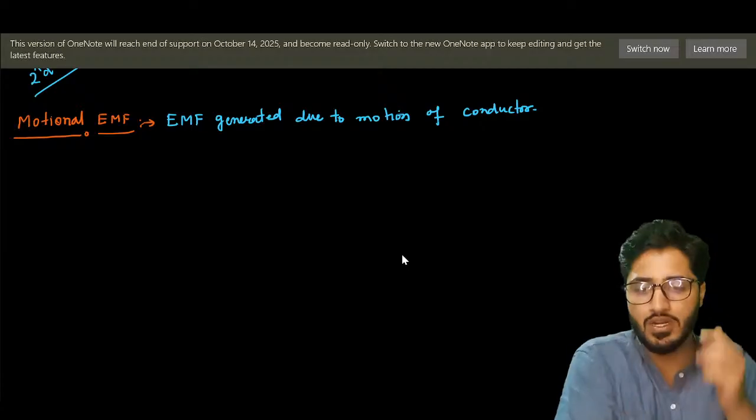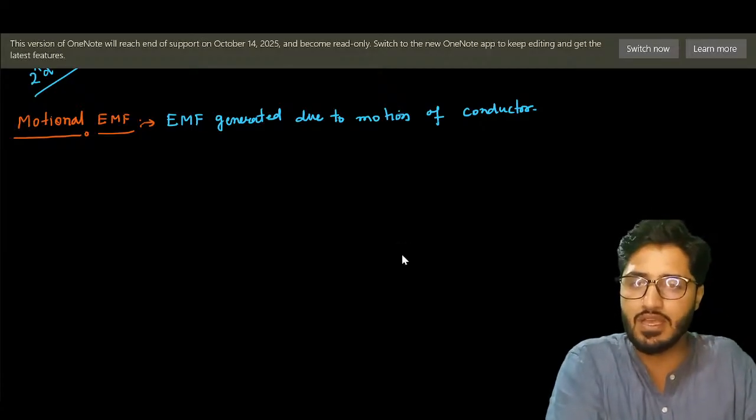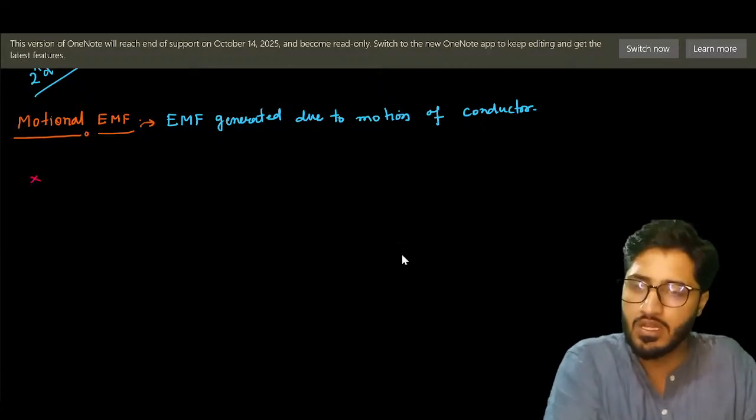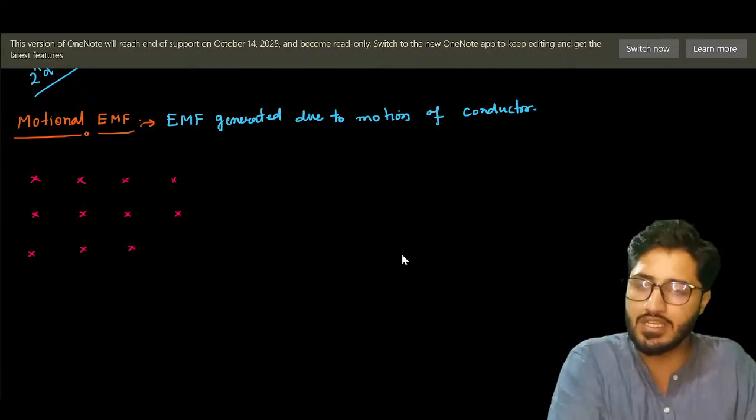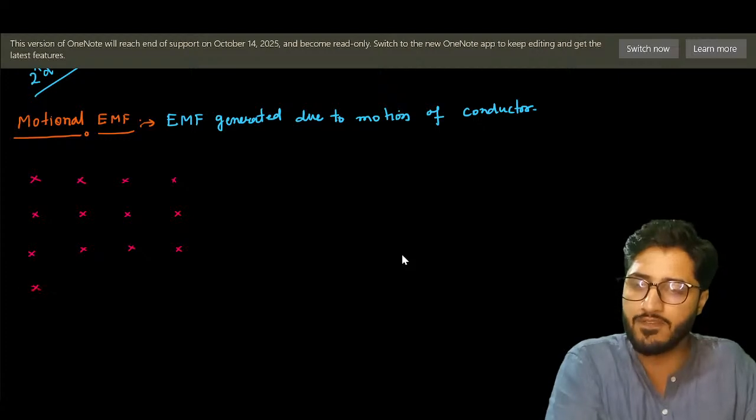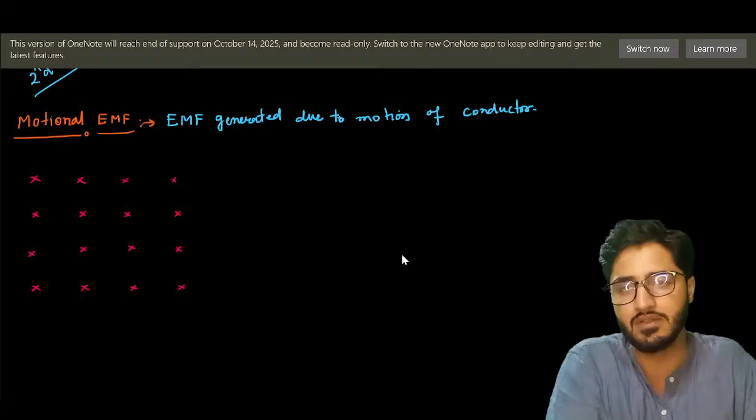Let us suppose we are having a magnetic field. This cross indicates that my magnetic field is inside the plane, or into the plane.